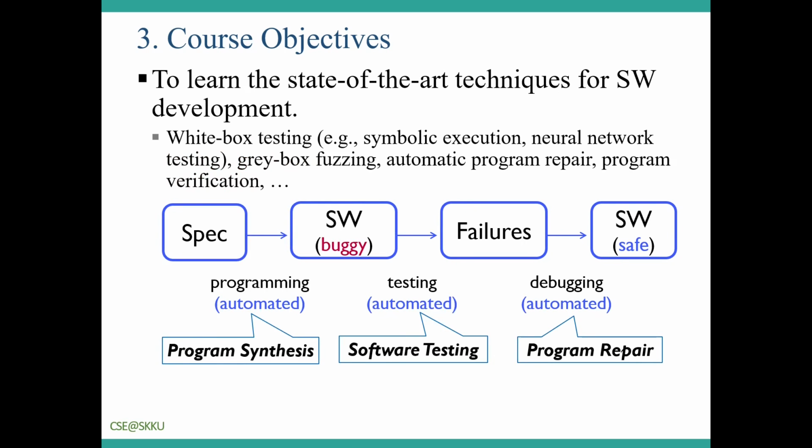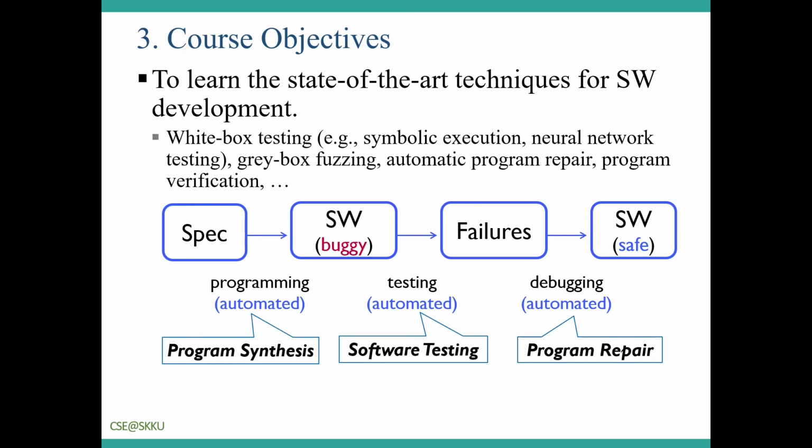The third objective of this course is to explore the latest techniques in software engineering. In fact, many of the tasks we discussed earlier, programming, testing, and debugging, are now being automated in modern software engineering research. Automated programming is known as program synthesis, automated test case generation falls under software testing, and automated debugging is referred to as automatic program repair (APR).